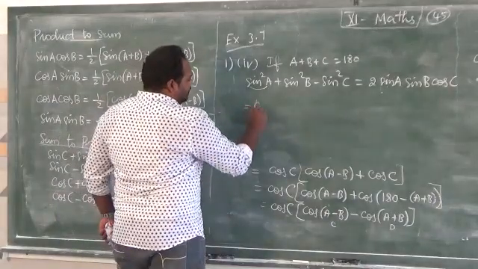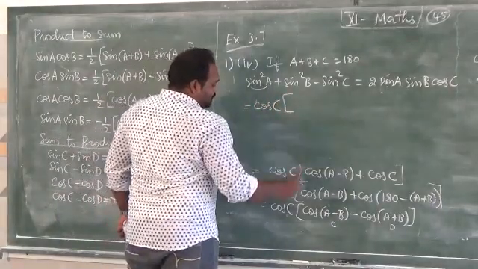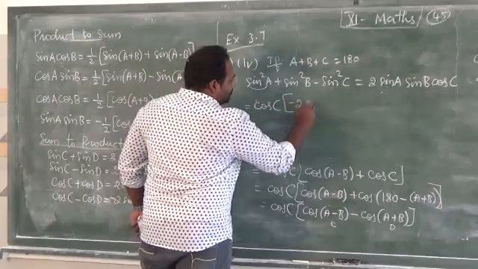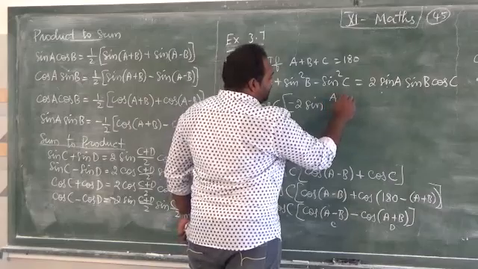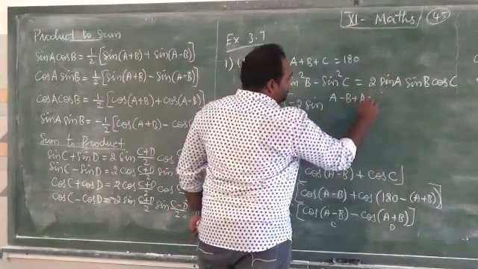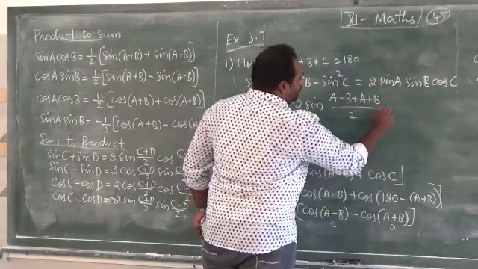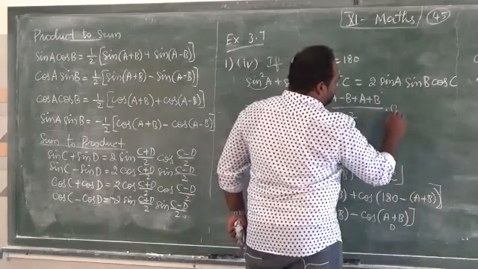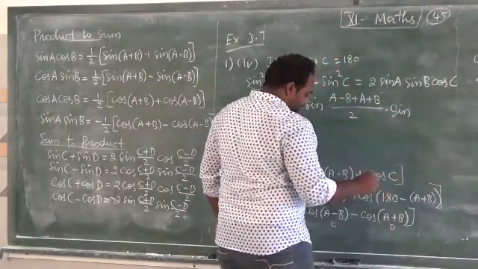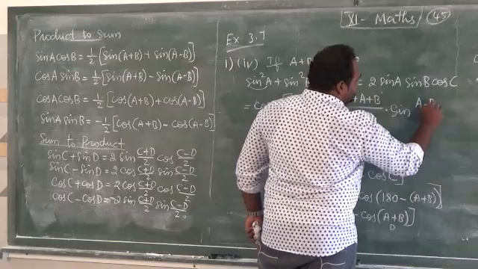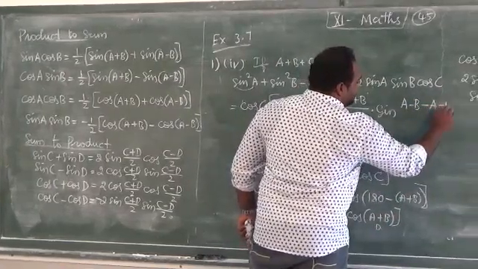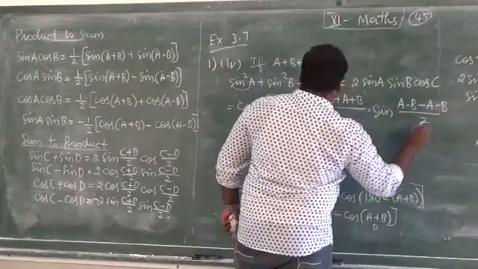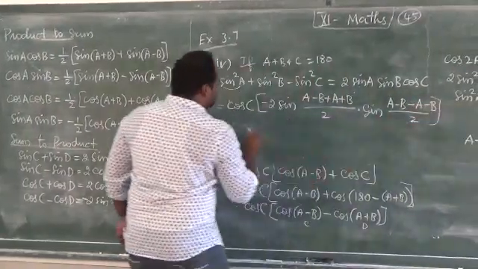formulas. Here cos C minus cos D equals minus 2 into sin of C plus D, A minus B plus A plus B by 2, into sin of C minus D, A minus B minus of minus A plus B, directly multiply inside, A minus B plus A plus B by 2 in the bracket.